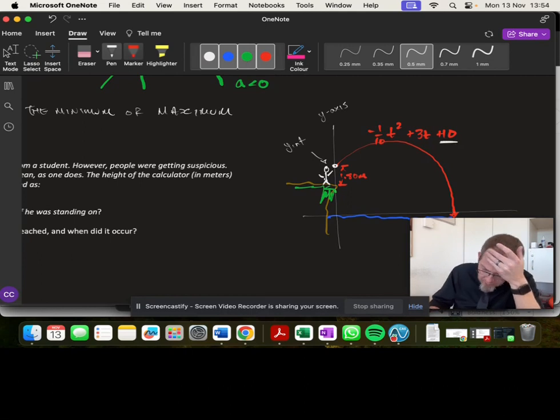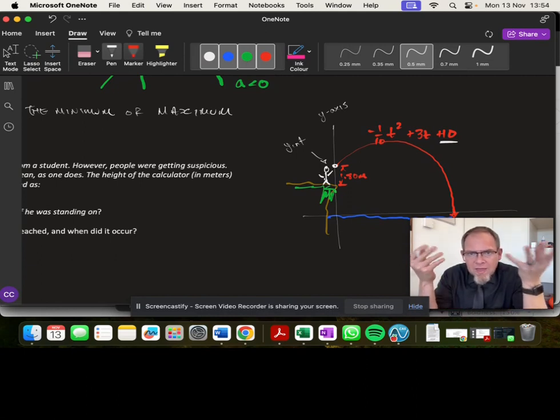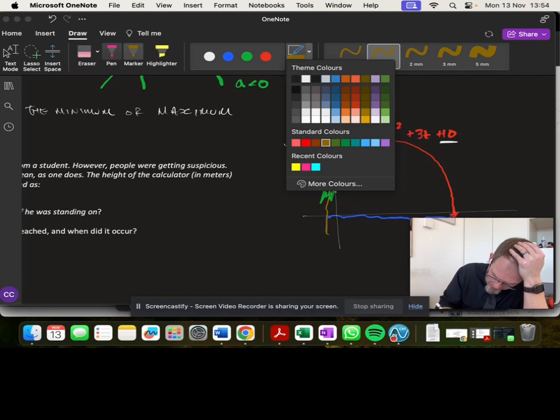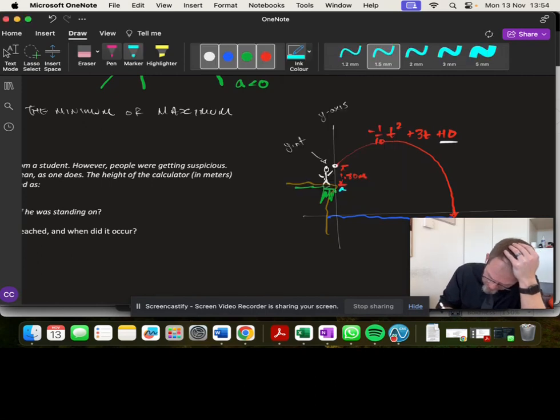Ordinarily, it's when time is 0. What would that be? However, with this added thing, because I'm looking for the height of the cliff, the question is getting at trying to figure out what this height is. That's what we're after.